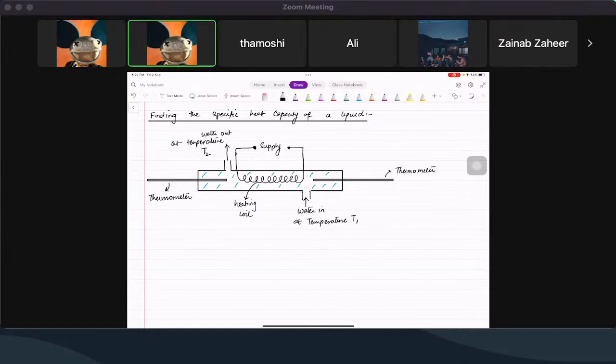So that means our equation will be: energy supplied by heater would be equal to energy gained by water plus heat loss to surroundings.